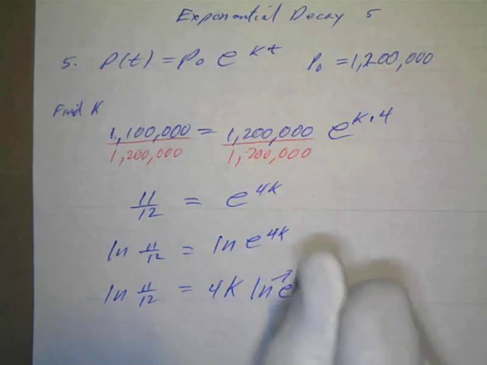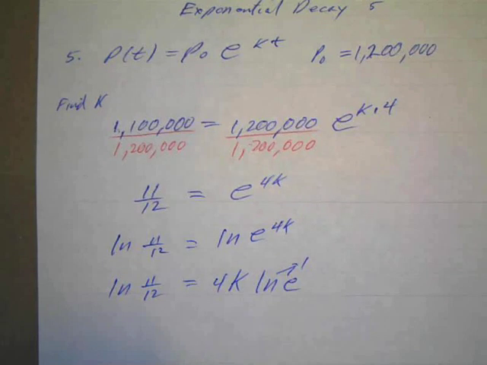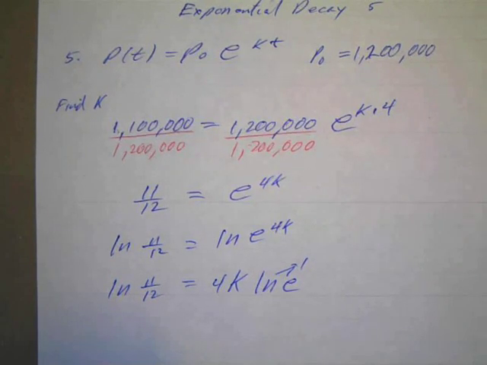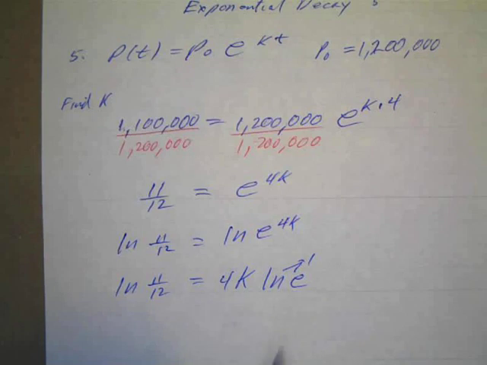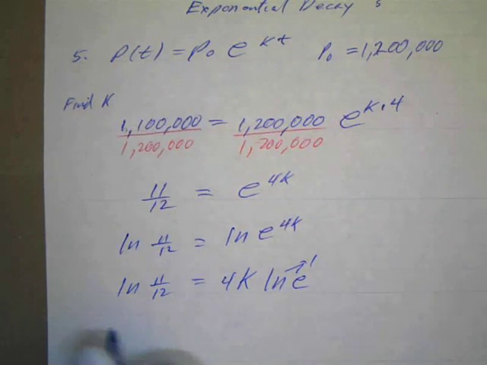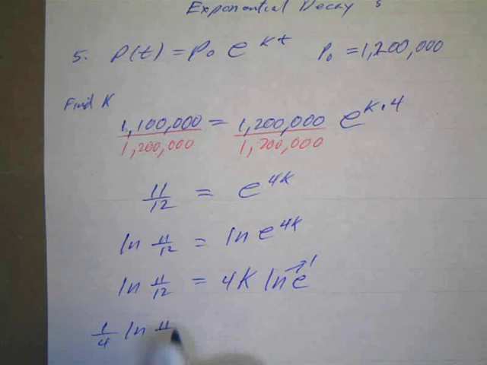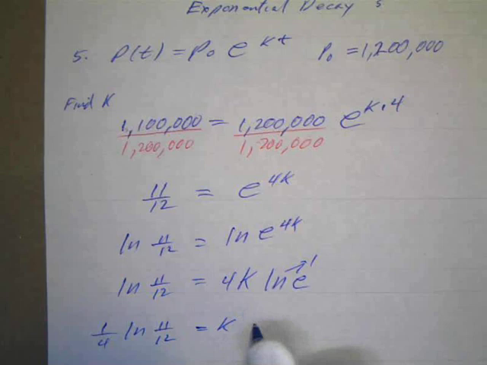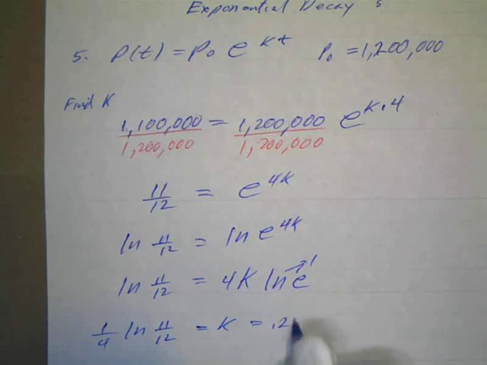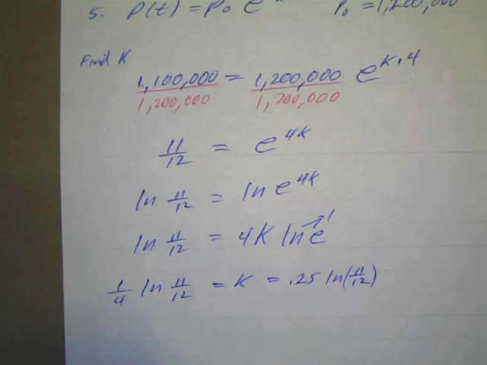The natural log of e is 1, so I just divide by 4, or multiply by 1/4, same thing, and I've got 1/4 ln of 11 over 12. I could also write this as 0.25. There's my k.